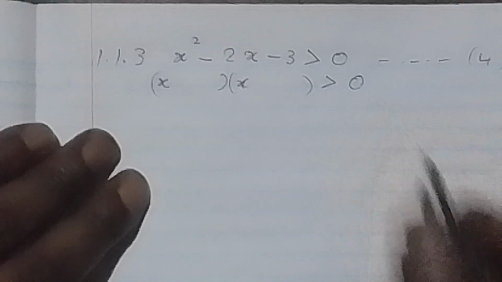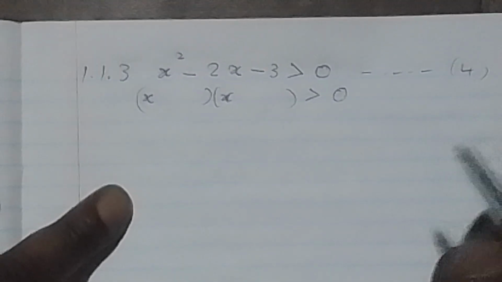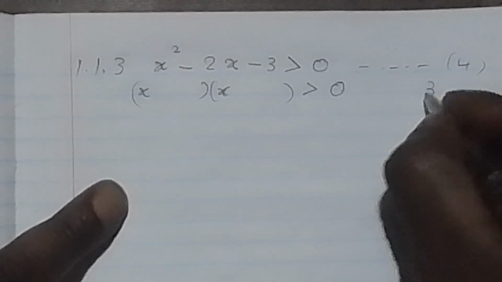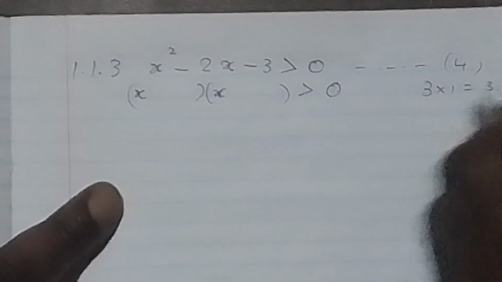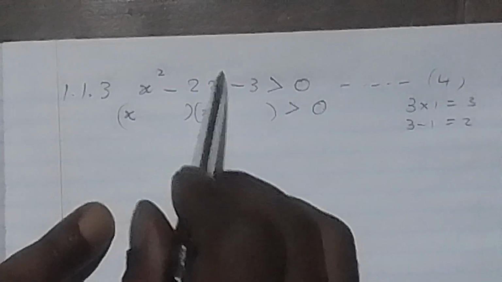Here you simply just factorize. It's x, is greater than 0. The factors of 3 that are going to give you a 2 when you add or subtract: it's 3 times 1, which is 3, and 3 minus 1, which is 2. We get the middle term.